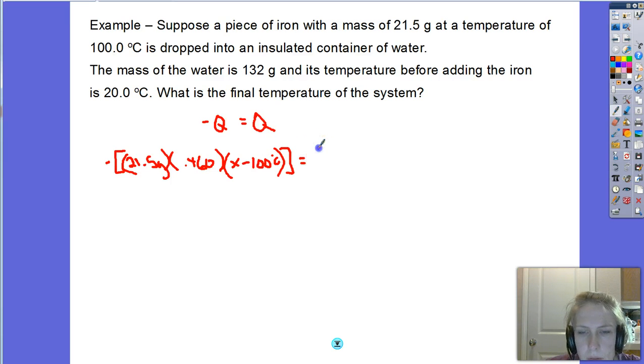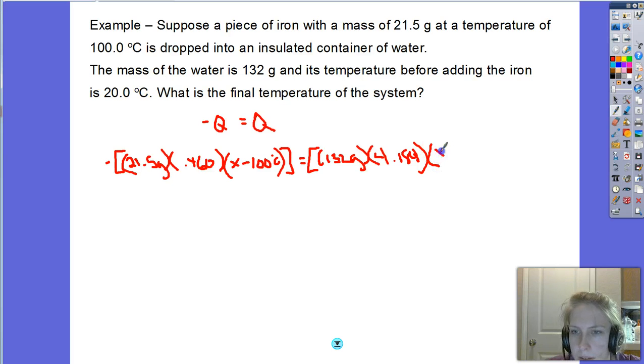We're going to set that equal to the one that gains this energy, and our mass of the water is 132 grams. Specific heat of liquid water is 4.184. And our temperature change for this, we don't know what our final is, but we know the water started at 20 degrees Celsius.